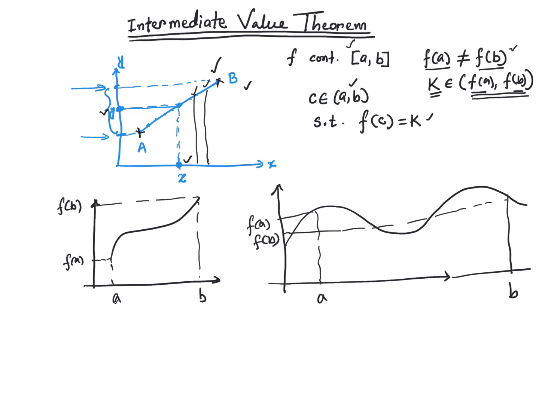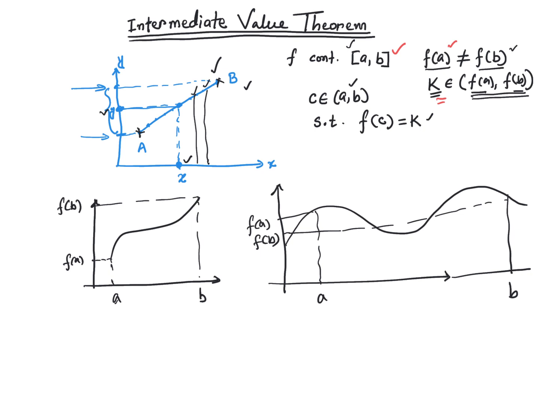But the main thing you want to keep in mind is that you are dealing with a continuous function in a closed interval, and f of a and f of b are not equal. And if you take any point in between f of a and f of b, for that point, there should be a corresponding x value that will give you that value. That means that value is in the range.